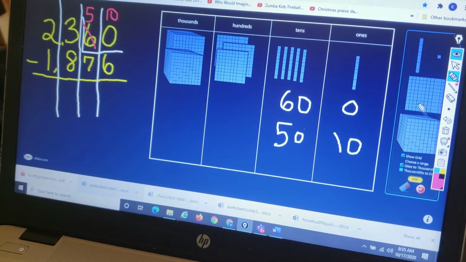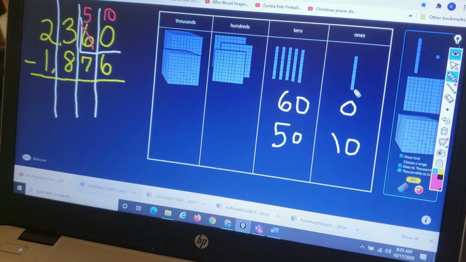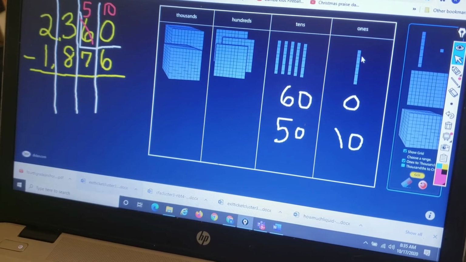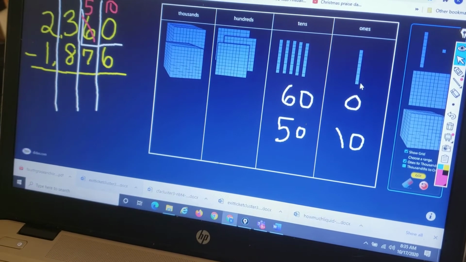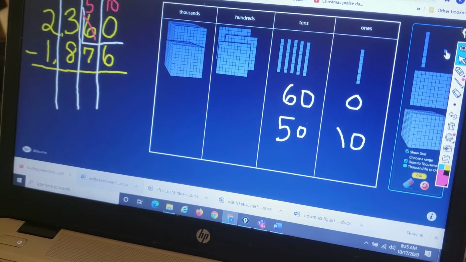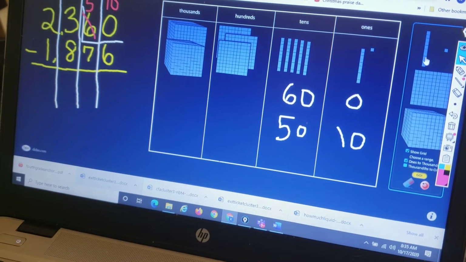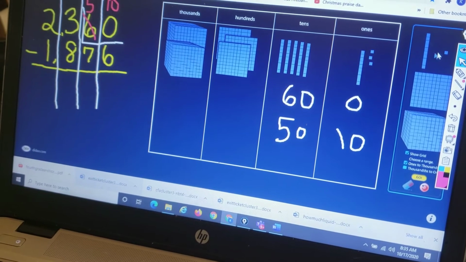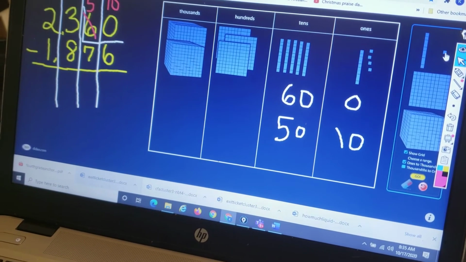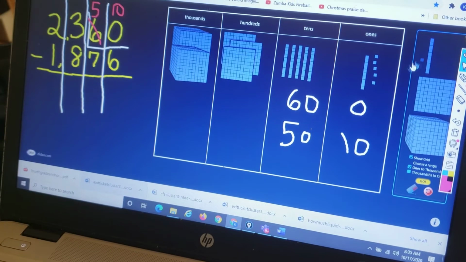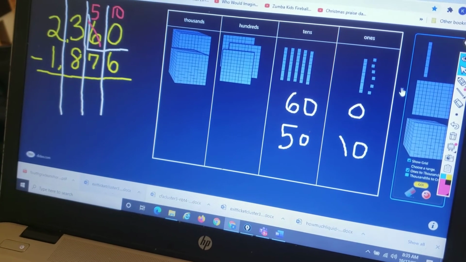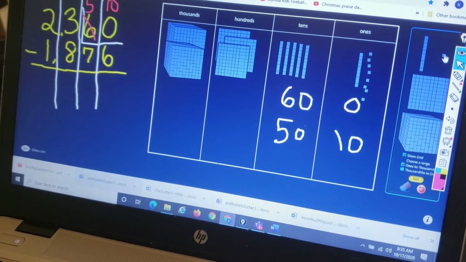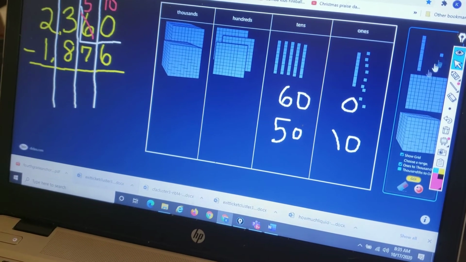Got it? Well, this is a 10, but we still need to be able to break it up. So instead of having one 10 rod, like a $10 bill, we're going to get 10 ones. Same thing. 1, 2, 3, 4, 5, 6, 7, 8, 9, 10.